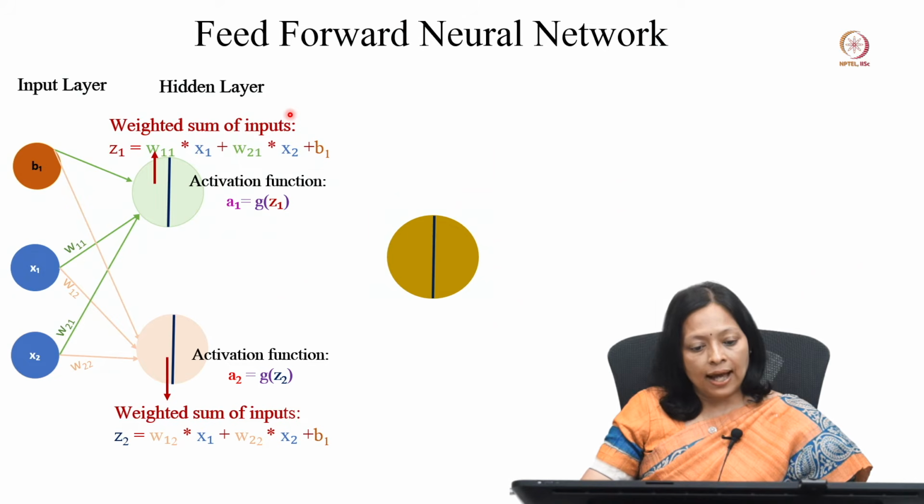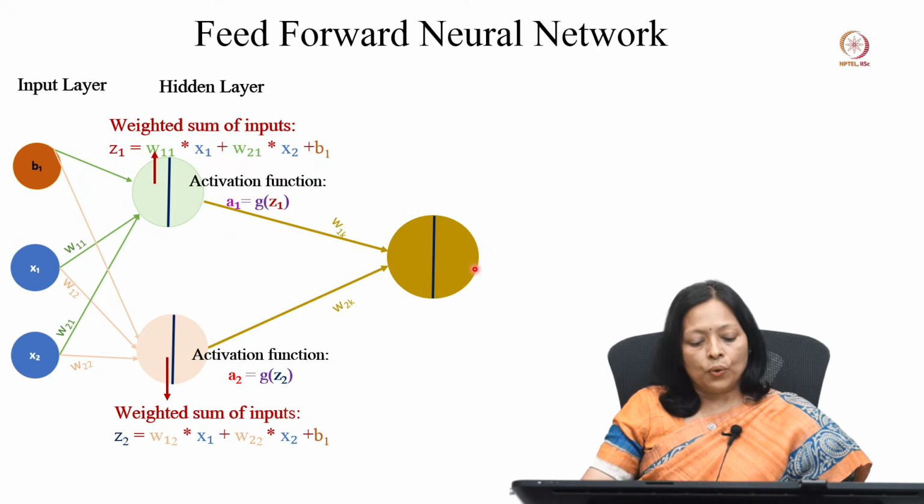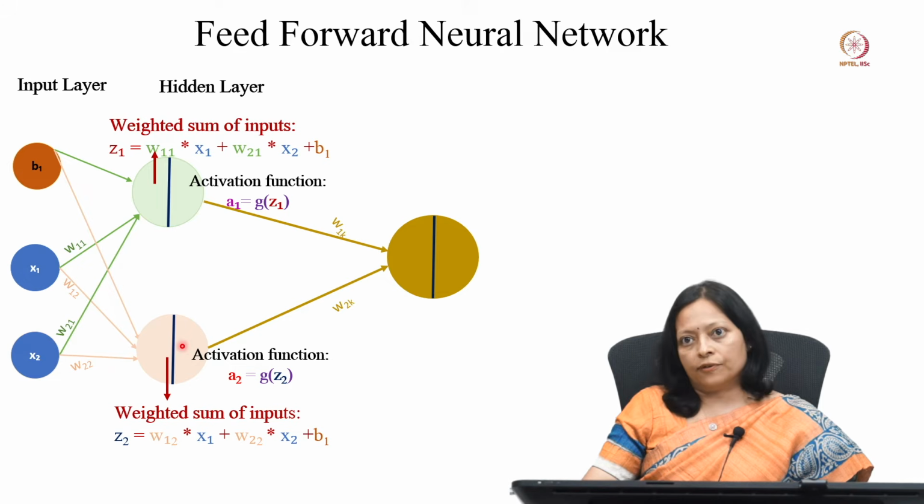Then we have another neuron, which is basically the output layer, and this neuron gets the input from neuron 1 of the hidden layer and neuron 2 of the hidden layer.